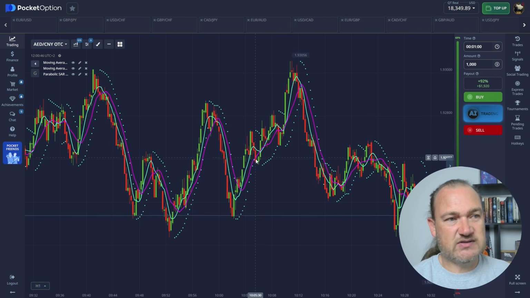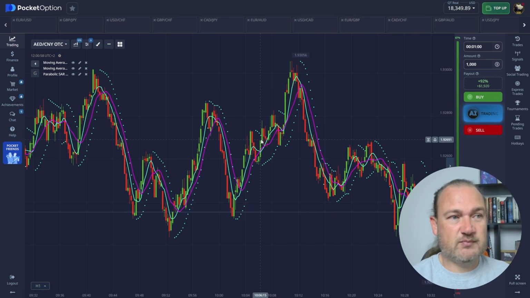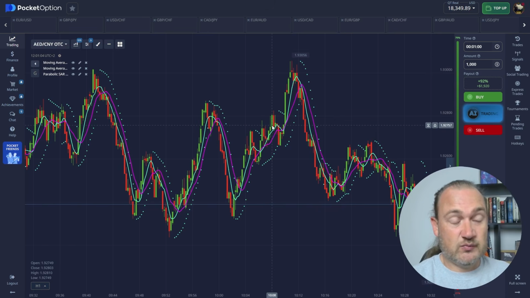My 6 was above my 11. We did a little dip back here, but then we pushed back up. And if you took a buy when that parabolic was broken, not on the close of the candle, when we use the parabolic, we take an entry as soon as it's broken. So your entry would have been there, and on a 1 minute trade that would have been good.